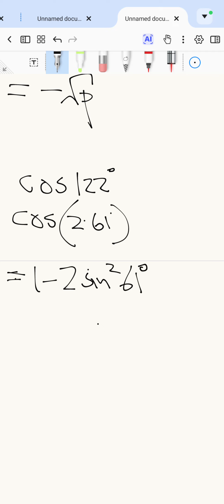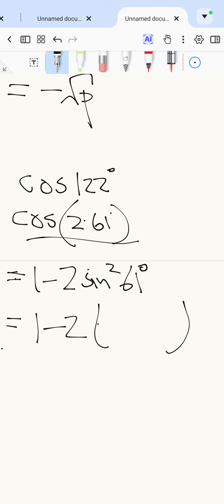So what did I do? I just replaced this with the cos double angle, and we had three options. We chose the sine option because that is part of the given information. Really, we could go with any of them. So then I could say 1 minus 2 sine squared of 61.